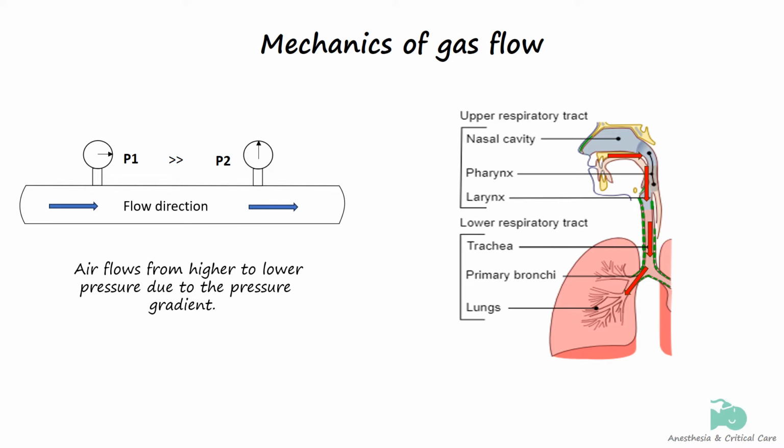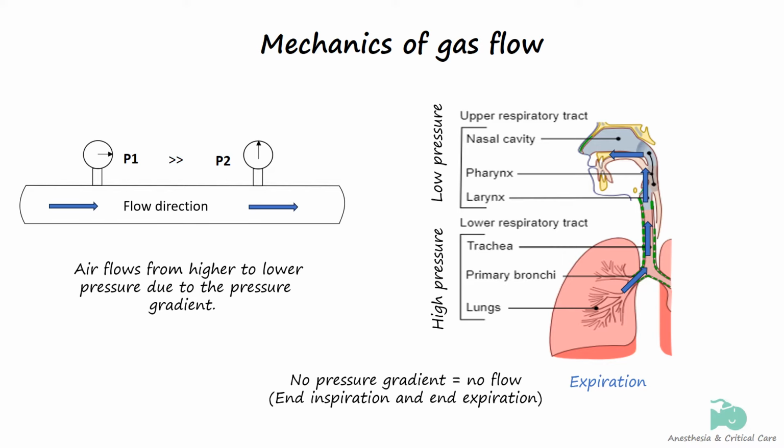The pressure in the alveoli is always lower than in the mouth and nose during inspiration. Conversely, during expiration the pressure in the alveoli is higher than in the mouth or nose. When the pressure in the alveoli and mouth are the same, as occurs at the end of inspiration and at the end of expiration, no gas flow occurs. This is because no pressure gradient is generated.